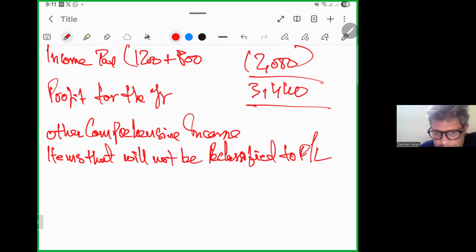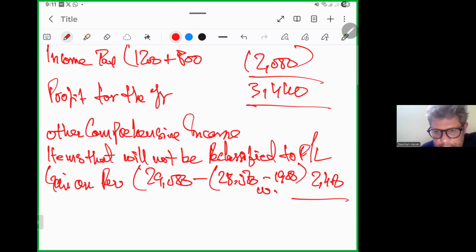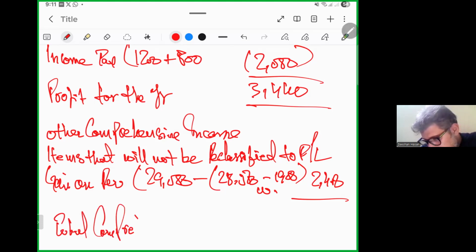Okay. Gain on revaluation of property, 1,000 minus 28,500 minus 1,900, the earlier depreciation. We already did this in the working. So we got 2,400. Total comprehensive income, 5,840.